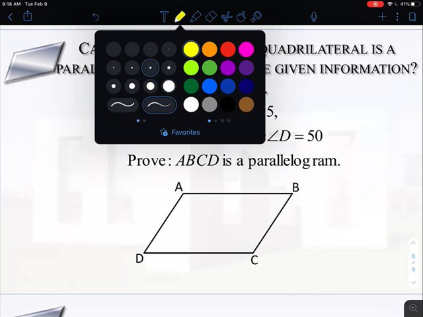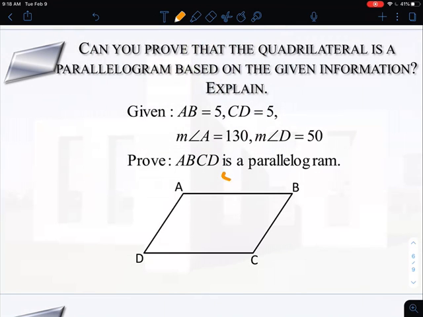Okay? On this one, again, it's just one of those word problems. They're telling us that AB has a length of 5, CD has a length of 5, and then it says angle A is 130, and angle D is 50. Now what this tells us is that AB and CD are congruent because both sides are 5.